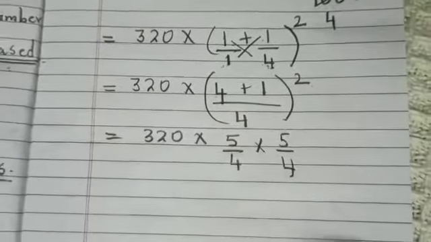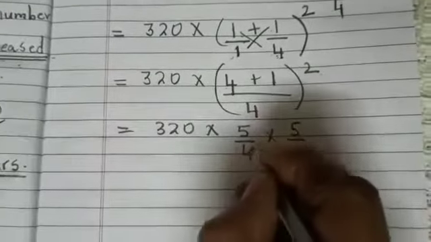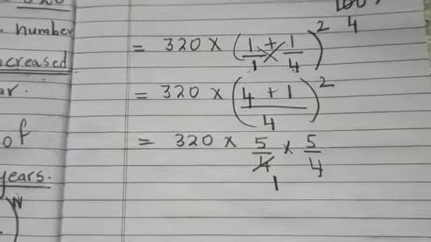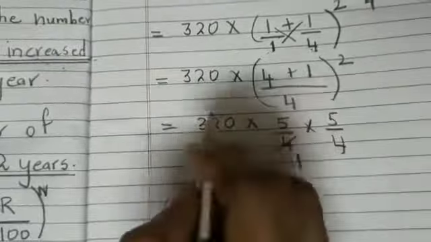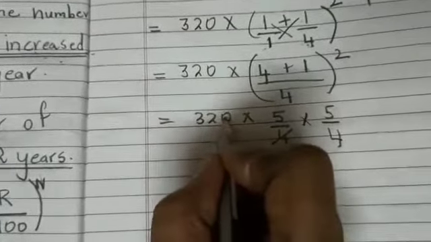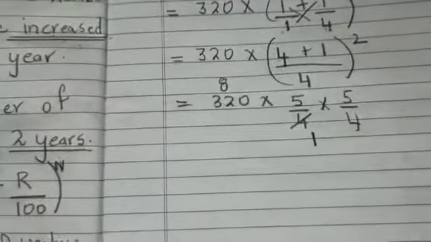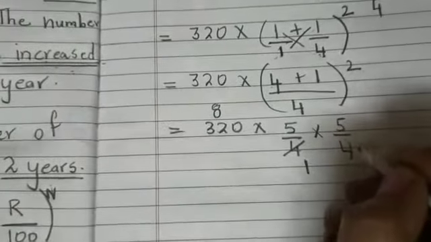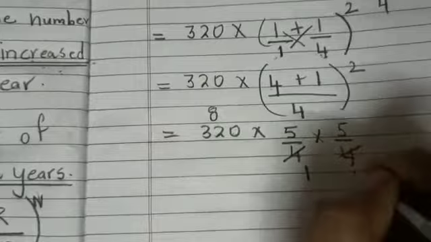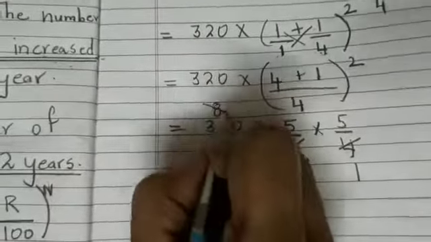Now if you know the 4 times table, you know that 1 4s are 4 and 4 goes in 32 8 times. 8 4s are 32. Again you have 4, you'll get here 1 and you'll get here 2.